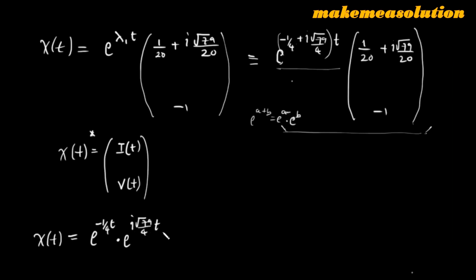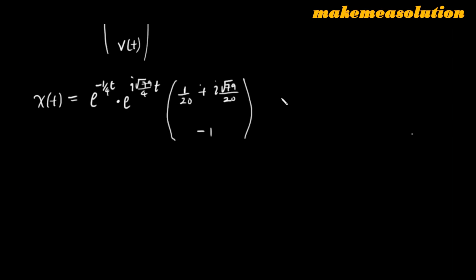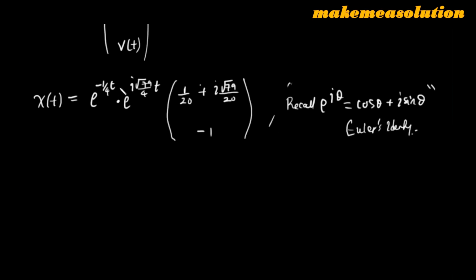So we now have our vector, which is 1 over 20 plus i root 79 over 20, and minus 1. So at this point, you're going to recall that exponential i theta is cos theta plus i sine theta. So this is one of Euler's identities. We're going to apply it to this particular value over here.